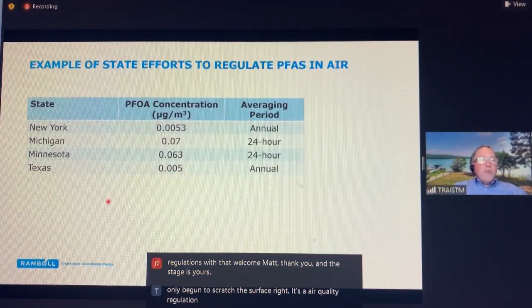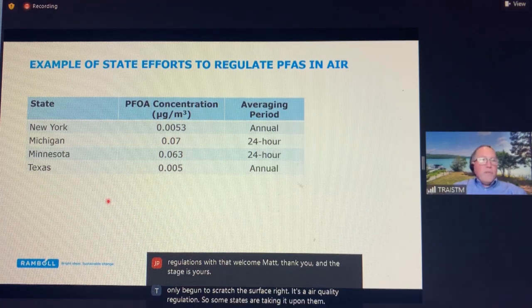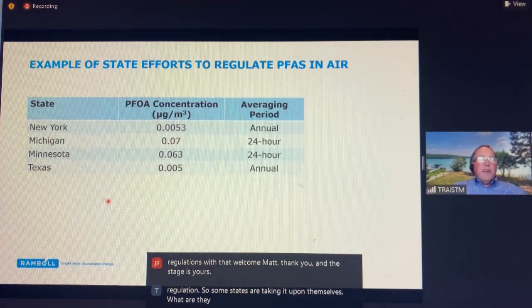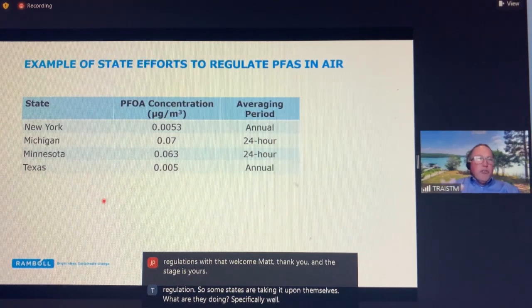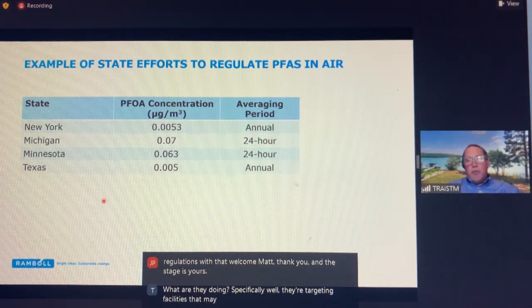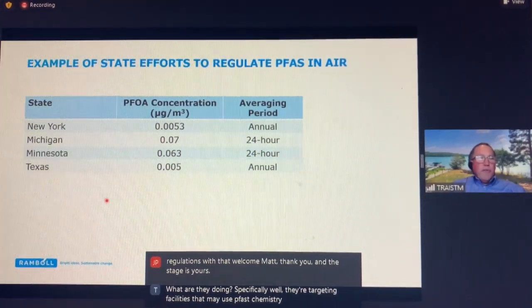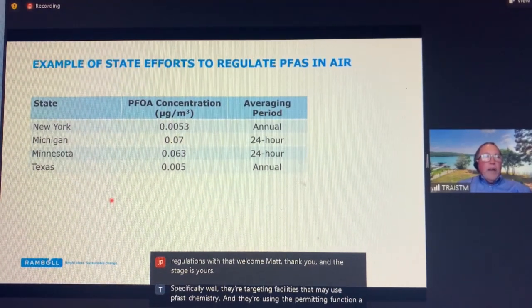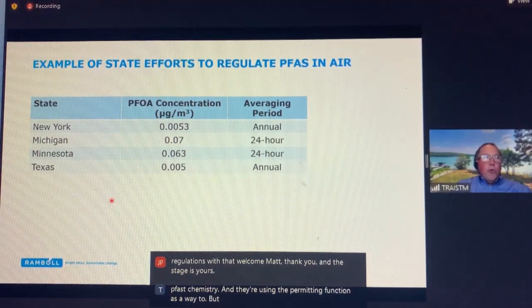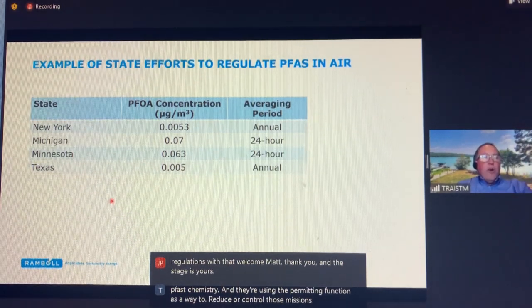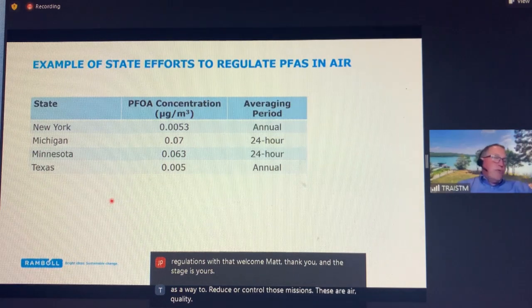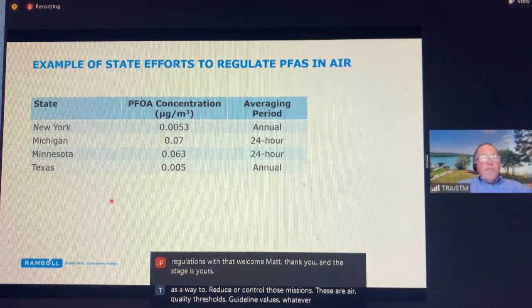So some states are taking it upon themselves. What are they doing specifically? Well, they're targeting facilities that may use PFAS chemistry, and they're using the permitting function as a way to reduce or control those emissions. These are air quality thresholds, guideline values, whatever you want to call them, in various states.